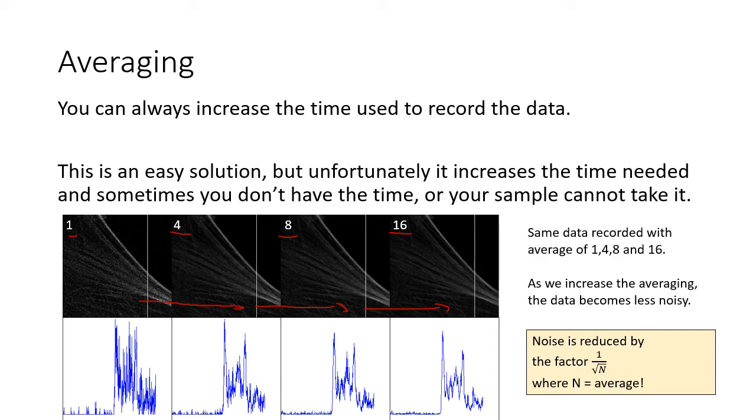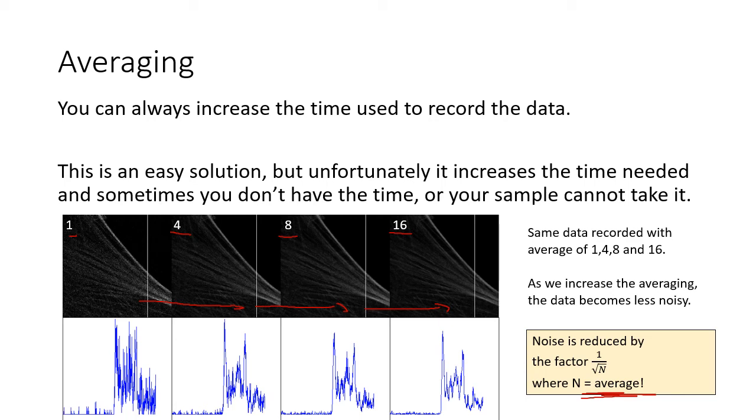This is because the noise is reduced by the factor of 1 per square root of n, where n is the amount of average you're using. So the greatest improvement goes from average 1 to average 2, then from 2 to 3, and the higher the n goes, the smaller your gains will be. Usually the sweet spot for the average is somewhere between 2 and 5, with 3 and 4 being the ones used most commonly.